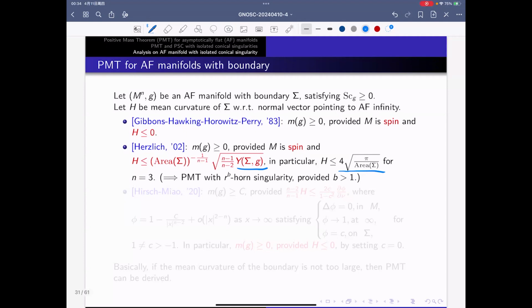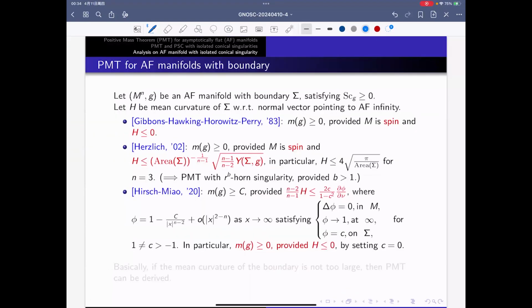Okay, and more recently, Hirsch and Miao also proved the positive mass theorem with boundary. Their mean curvature can also be positive, but still satisfy some upper bound condition, in terms of the derivative of a harmonic function.